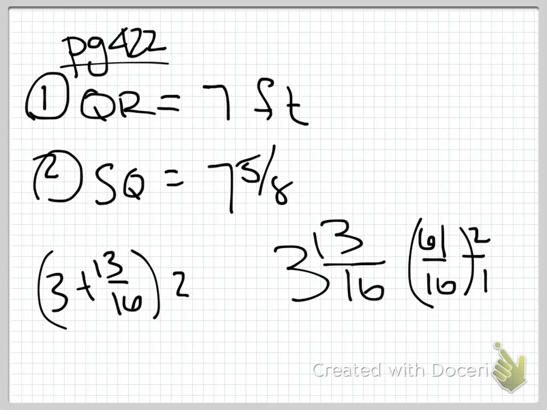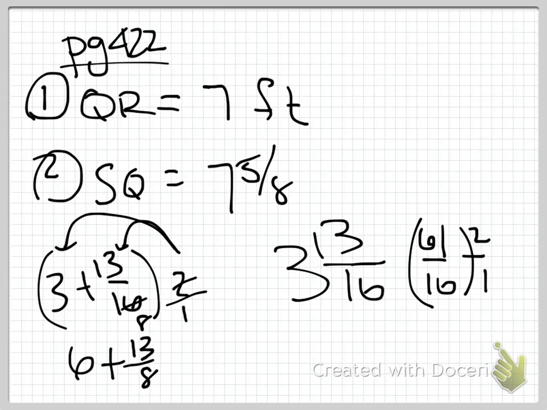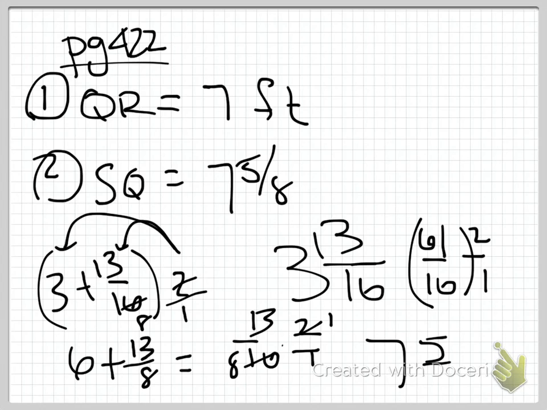Then use the distributive property. What's 3 times 2? And when you multiply 13/16 times 2, you get 26 over 16, which reduces to 13/8. That doesn't make sense as a mixed number, so 8 goes into 13 one time, so add that 1 to the 6 with 5 left over, and that's how you get 7 and 5/8.